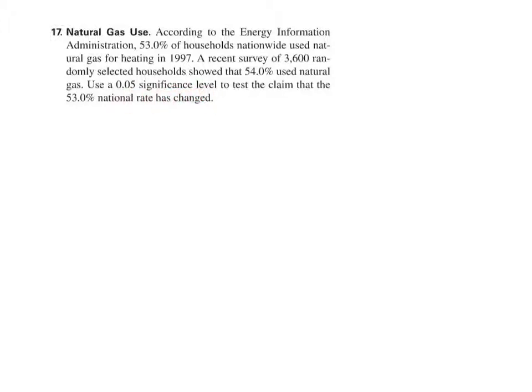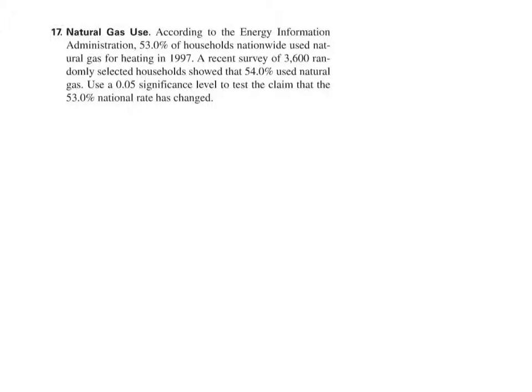What's important is that even though the sample showed a percentage that's higher than the old percentage, we're going to make this a not equal to, because they aren't asking us to show that it's increased. They're just asking us to show that it's changed. It might be that it could have decreased, and we just don't know based on the sample.